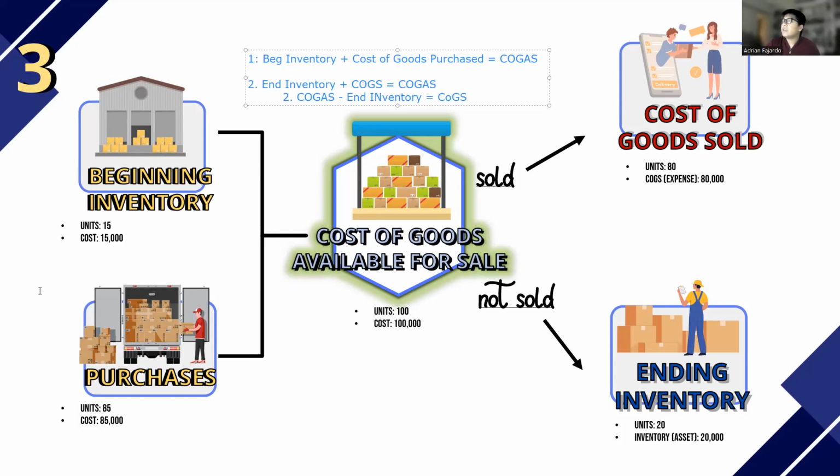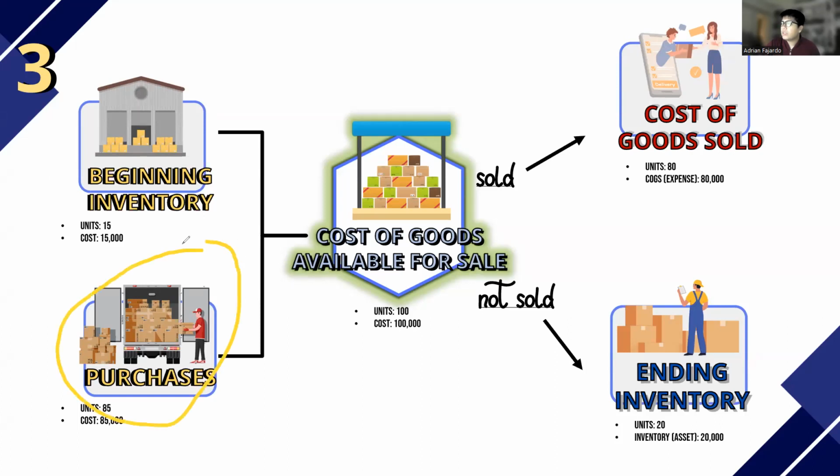So, clear. That is our important equation. So, ano yung nagko-complicate? Ang nagko-complicate would be this, cost of goods purchased. And cost of goods purchased is equal to what?